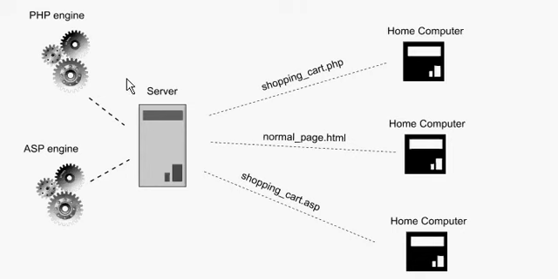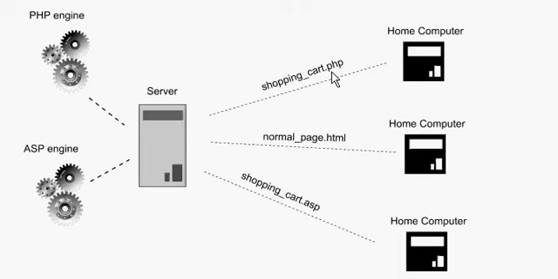For instance, process a form or connect to a database, send an email, etc. So the PHP engine understands and can read PHP code. And that's why the server sends the PHP page to the PHP engine, so the PHP engine can interpret, read, and then send back the results of whatever instructions you wrote in the PHP page.